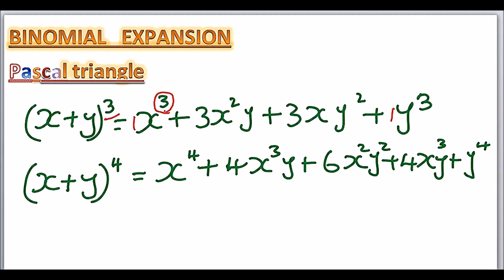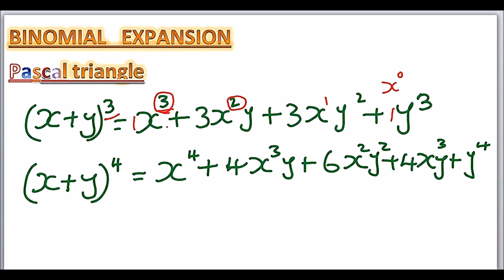Now, look at the power of x. It is reducing. This one is 2, so it reduces by 1. This one is 1, so from 2 you got 1. And here maybe we can assume that it is x to power 0. So it is reducing from 3 up to 0.